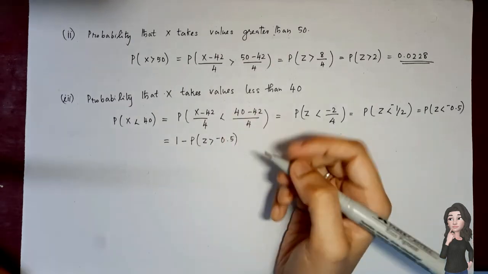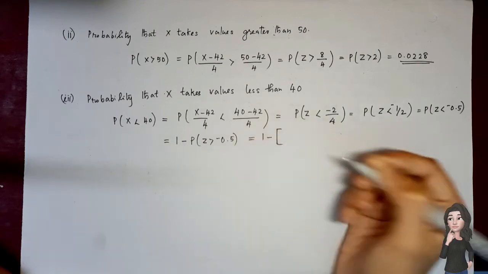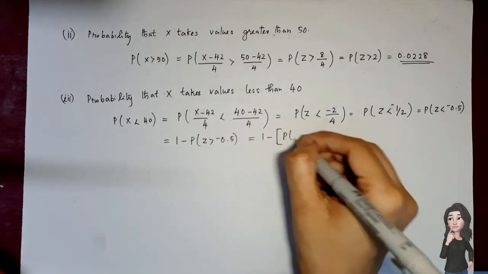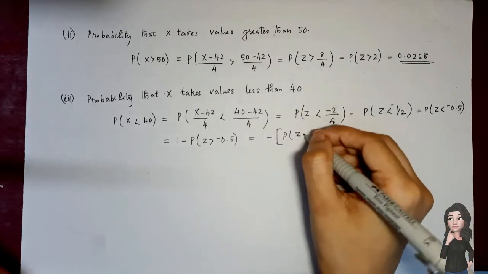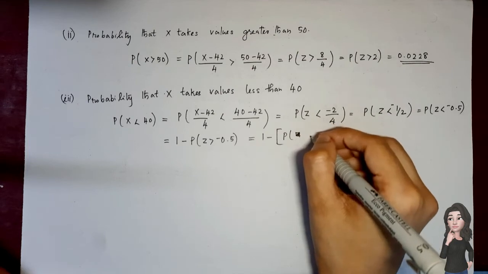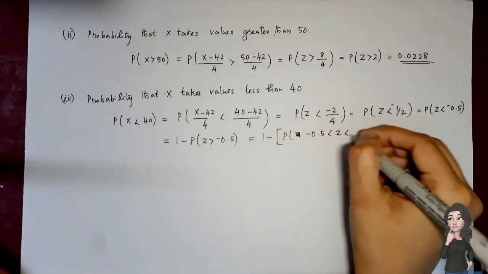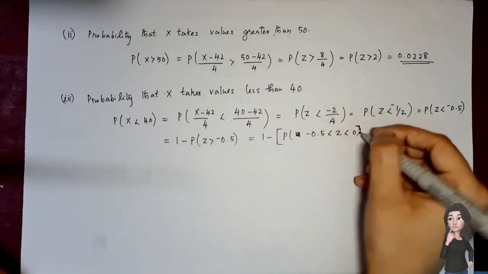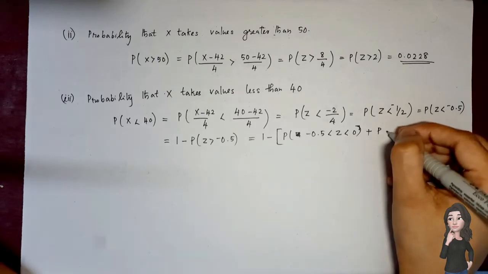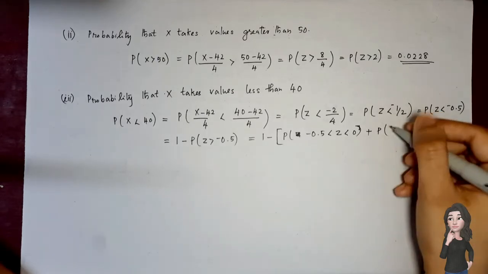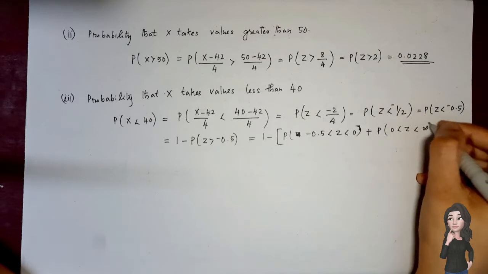Isn't it? Yes. So this is equal to 1 minus the probability of minus 0.5 less than z less than 0, plus the probability of 0 less than z less than infinity.